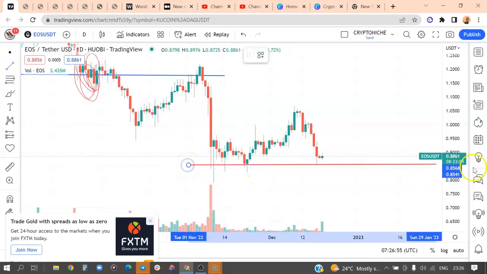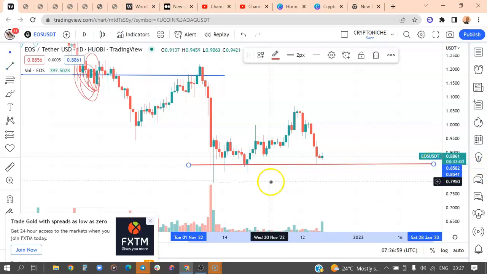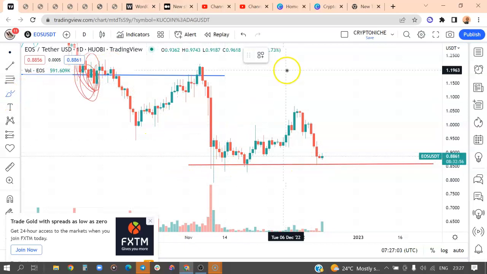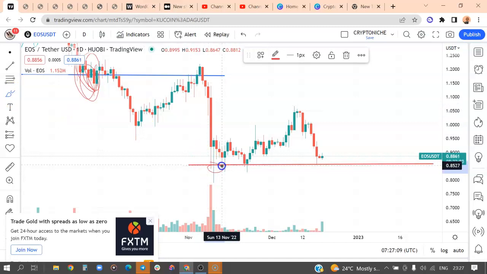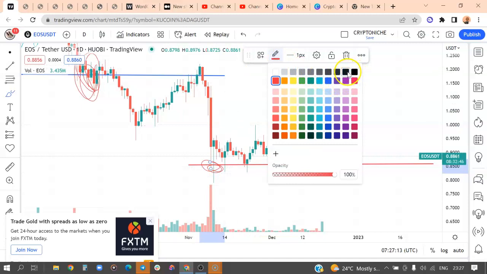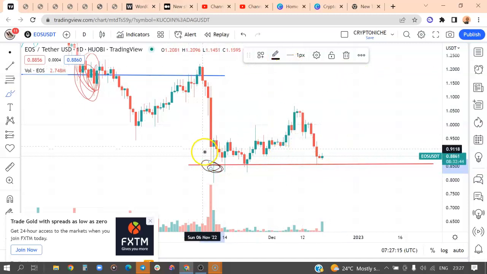So let me take another trend line. You can see this is another support, but this time around, how many times has this support been tested? It was tested here. As you can see, let me switch this to black. It was tested here.